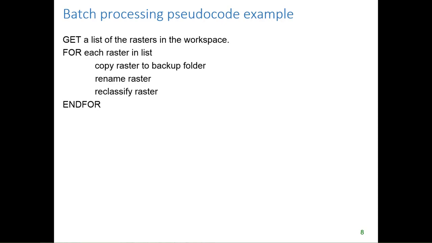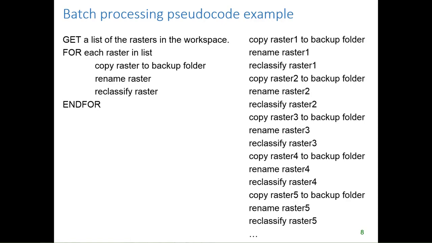But in order to be worthwhile, your script shouldn't look like this. It shouldn't look like this pseudocode on the right. That approach will be cumbersome. In fact, it'll become really cumbersome quickly if you need to modify the reclassification parameters, or if you need to run it on 50 rather than 5 files. You can imagine you don't want to do that.